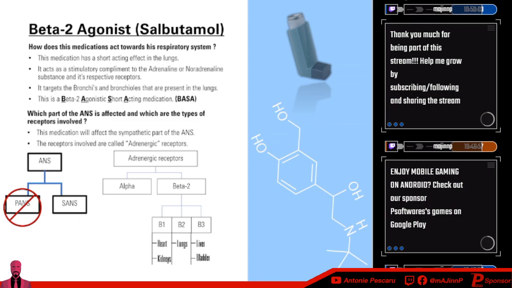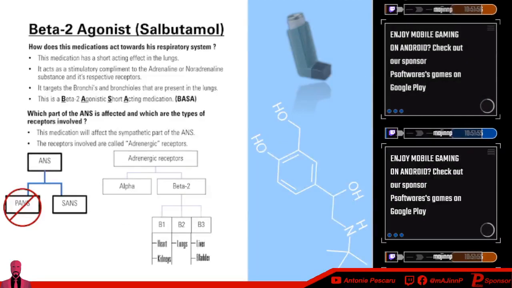The first pathway, which goes towards the parasympathetic, does not interest us. Again, because this is a sympathetic medication, which means that we are interested in the second pathway, the SANS pathway, the sympathetic autonomic nervous system. And as such, why?